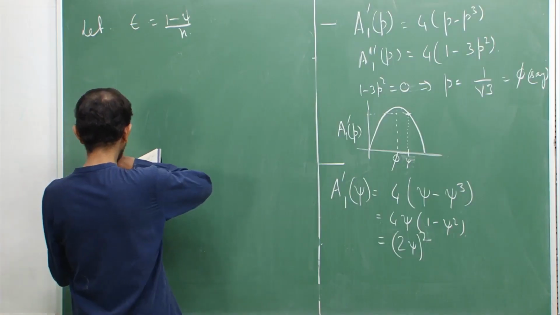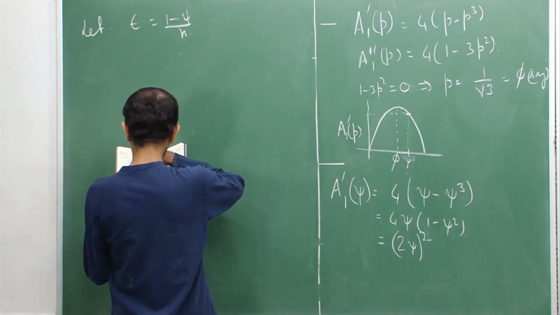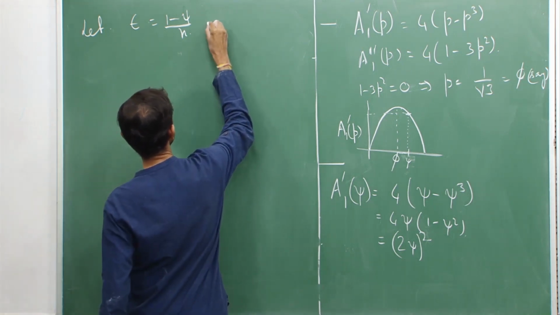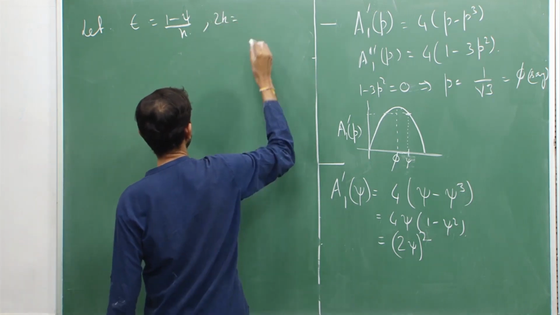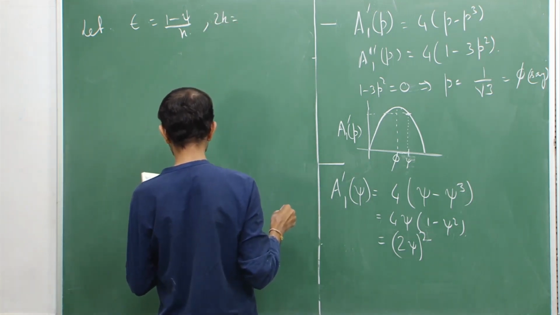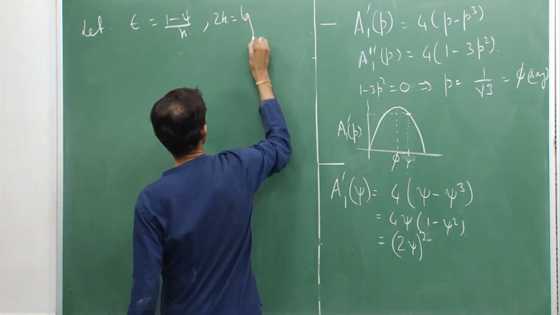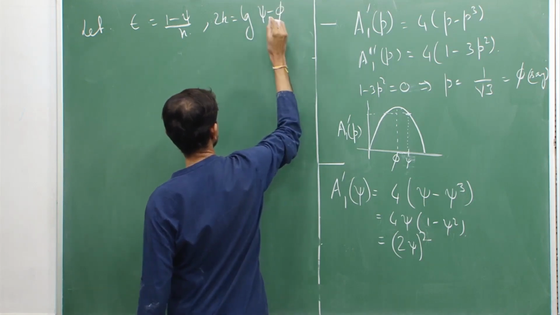So, for the right hand side I will choose k to be equal to log of phi, psi minus phi.